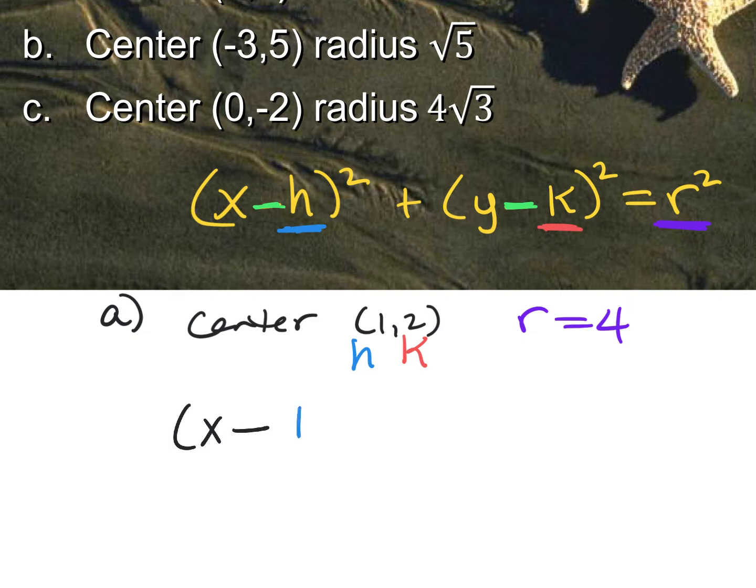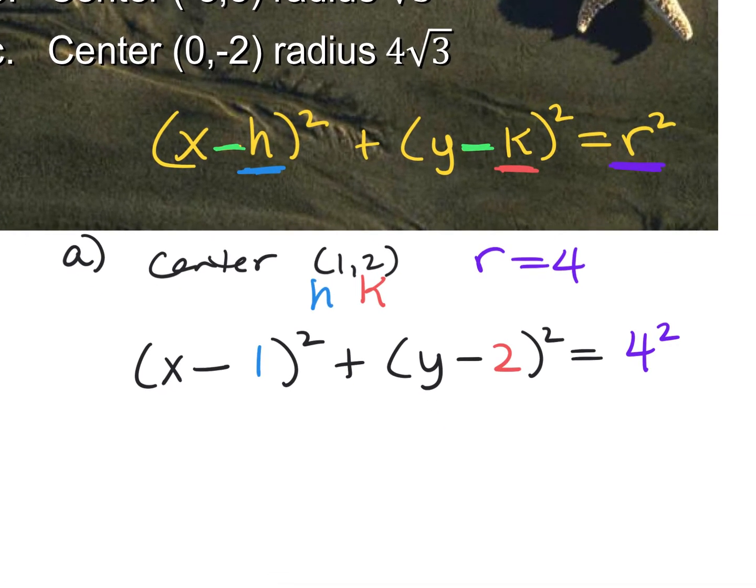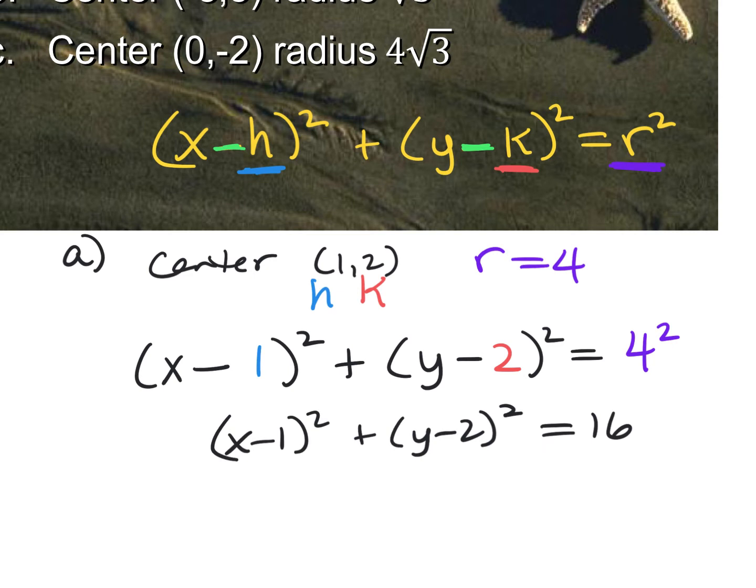Okay, so then now I need to put squared on the outside of the parentheses plus y minus 2 squared equals 4 squared. So then now all I have to do is simplify the 4 squared. So the final answer is x minus 1 squared plus y minus 2 squared equals 16.